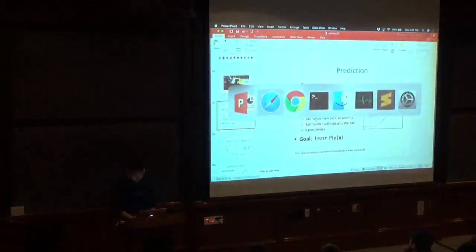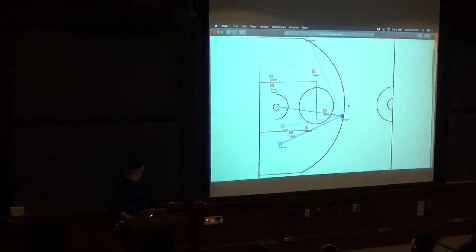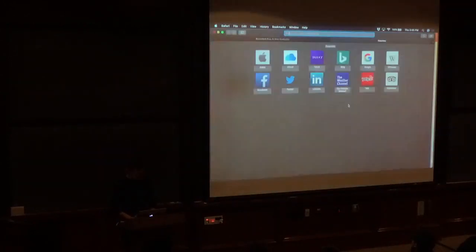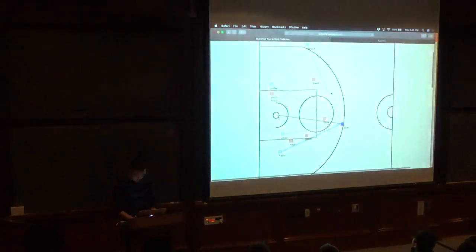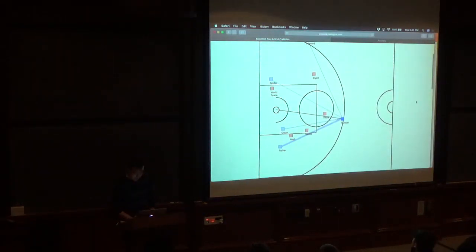I have a short demo. So this is the probability of this player, who is the ball handler, passing the ball, the relative probability of passing the ball or shooting the basket as a function of the location of the other players, location of that player, and the location of the defenders.